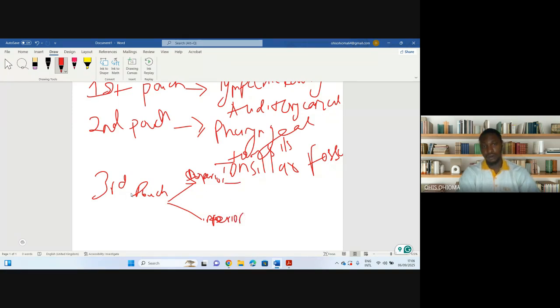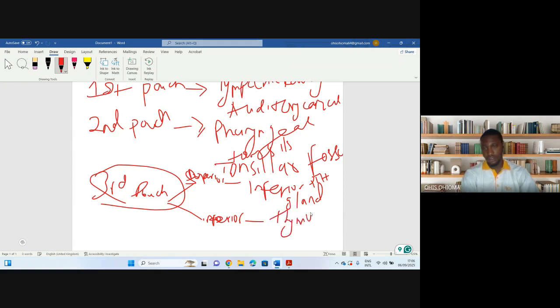The superior part of the third pouch forms the inferior parathyroid gland, let me just write PTH gland. So you remember it as the third superior forms the inferior parathyroid gland, and the inferior part of the third pouch gives rise to the thymus.